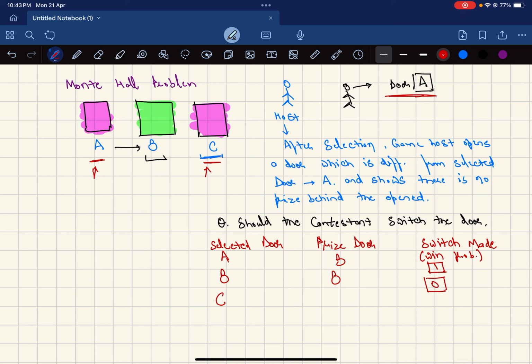Now let us say we had selected door C initially. Then the host would definitely have shown you door A, which doesn't have a prize behind it, and he would again ask you whether you want to switch to door B or stay with your door C. In this case, if the switch was made, the winning probability would be 1. Since initially we don't know behind which door the prize is, all these three possibilities are equally likely.